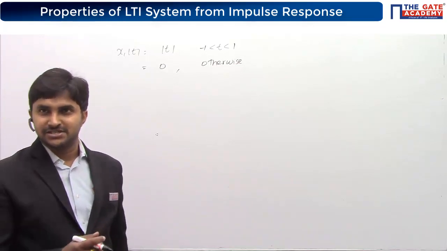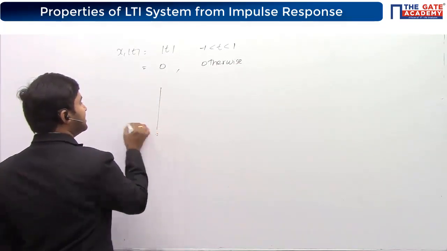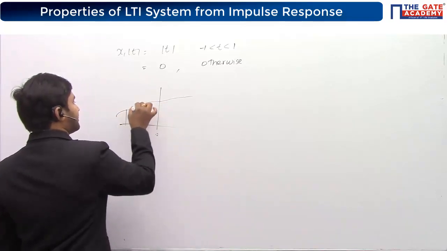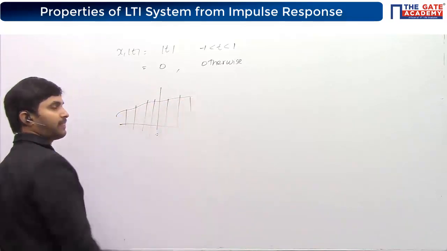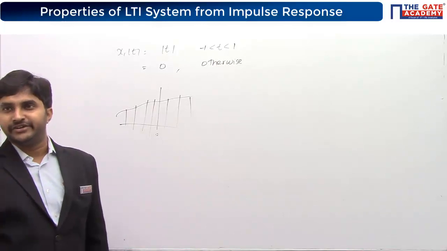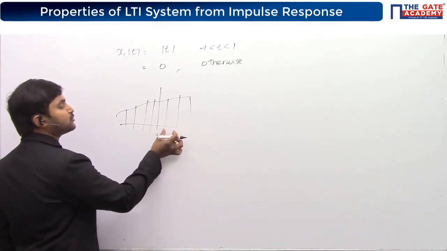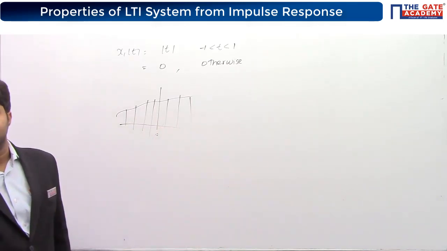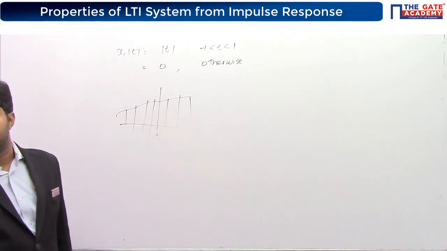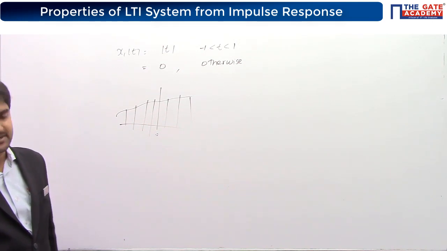Discretized means if you are having a signal, you are trying to cut it. Sampling interval, the distance between two samples, is going to be 0.25 seconds.